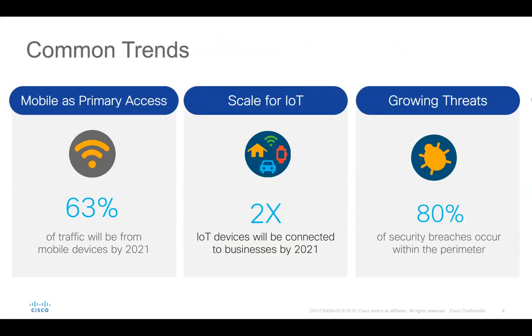All those things are coming onto the network, and so you have more devices, more IoT things, and of course, the more devices you add, you're also adding this last piece here, these growing threats. There's more space for there to be a security breach or a vulnerability.